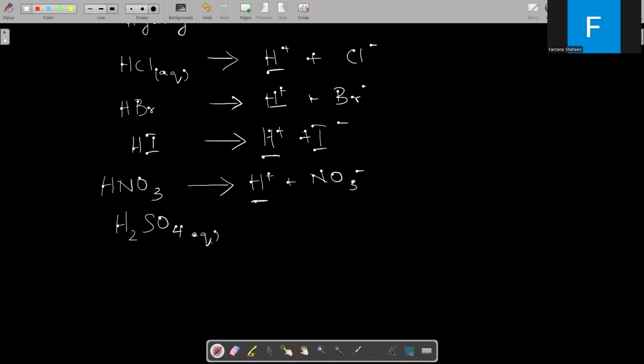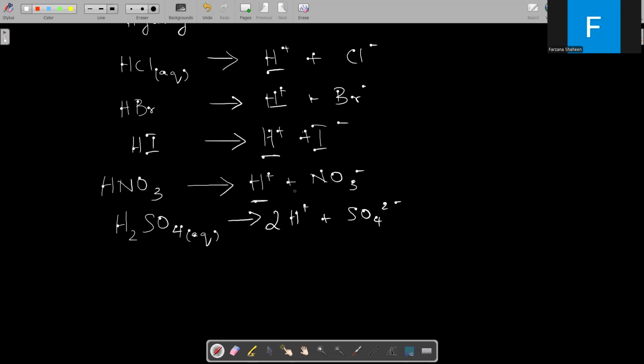When it gets dissolved in water, you have hydrogen ions produced. Here you have two hydrogens, so two hydrogen ions are produced, and of course, sulfate ions are also produced.